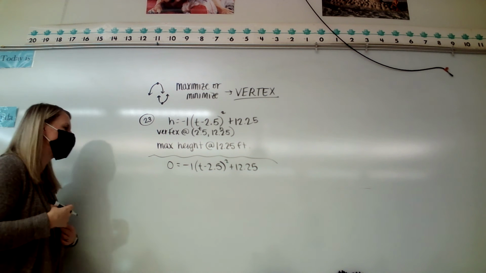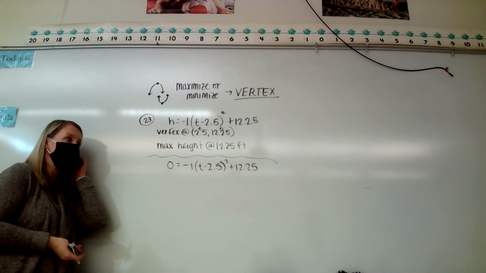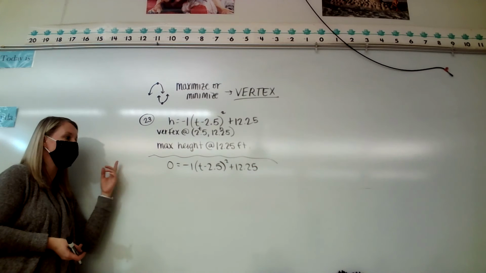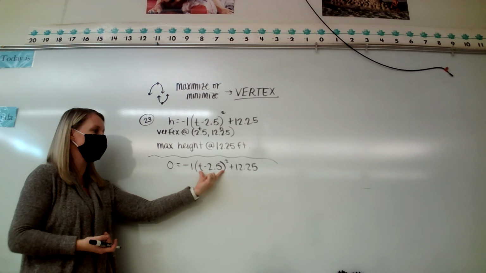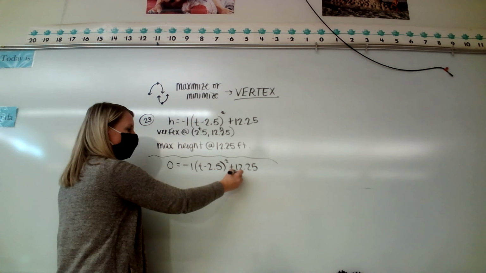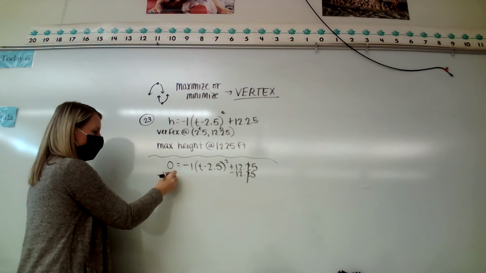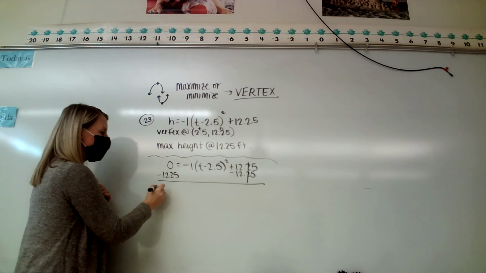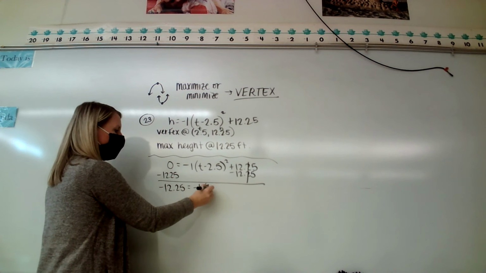It's always going to work. With vertex form, I don't want to do that because it's going to be a big pain to rearrange. So when we're solving something in vertex form, I'm usually going to use square roots. I'm going to try to isolate this, and then I can take the square root of everything. So I'm going to subtract 12.25. It just depends on your form and what's going to be easiest for that form, so take that into account.